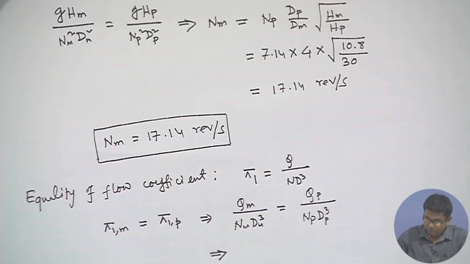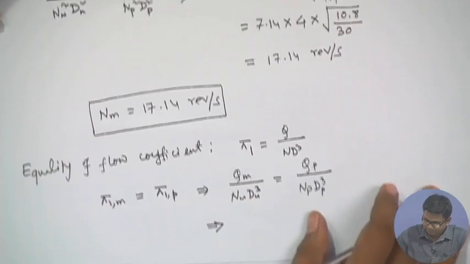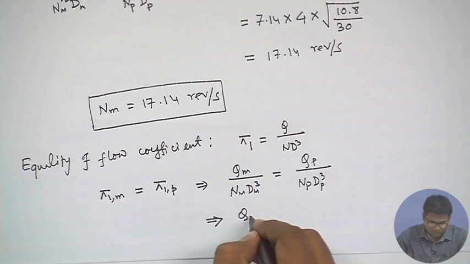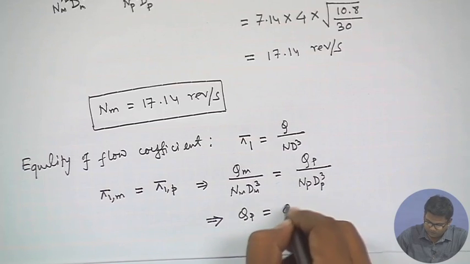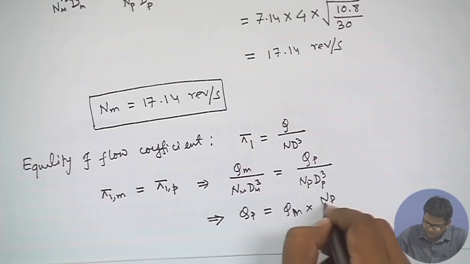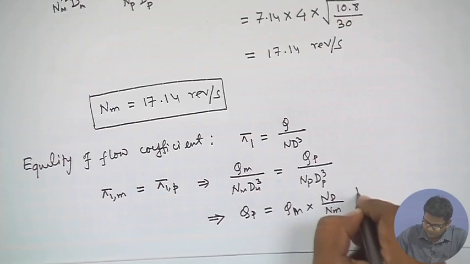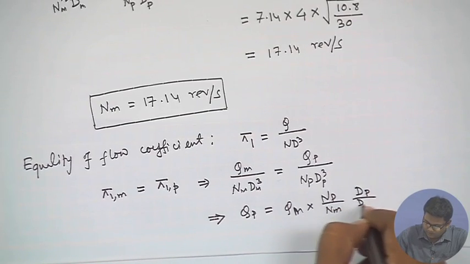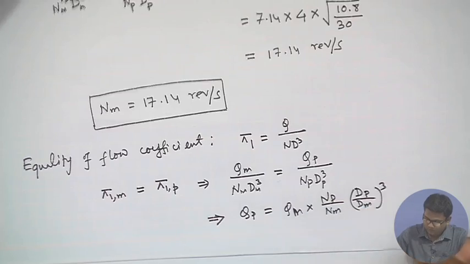So from here we can obtain Qp as Qm times Np by Nm times Dp by Dm cubed.